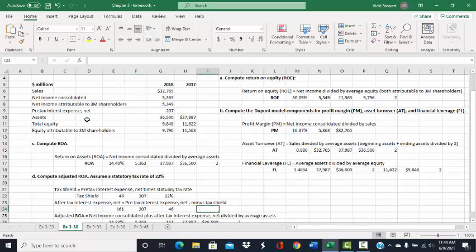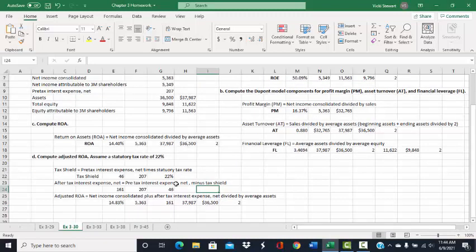Okay, so we have our pre-tax interest expense, but what we really want is our after-tax interest expense. So how do we get that? We take our before-tax interest expense and we subtract out that tax shield, the amount that we are saving on our taxes because it is deductible, to get to our after-tax interest expense.